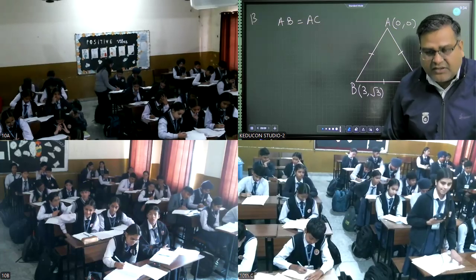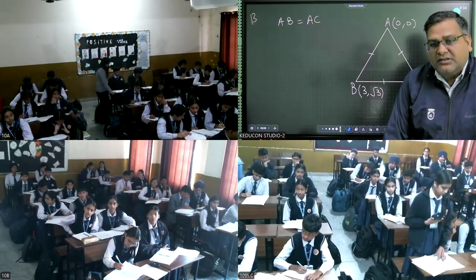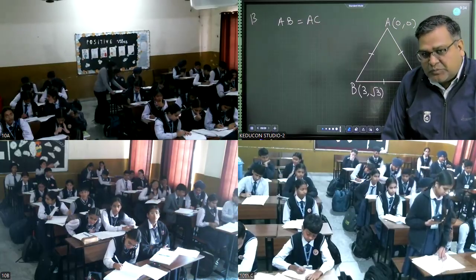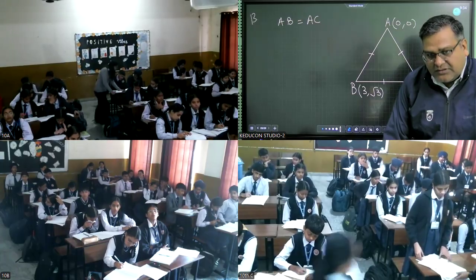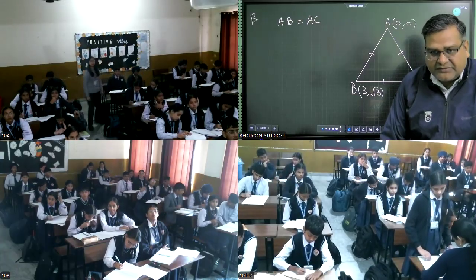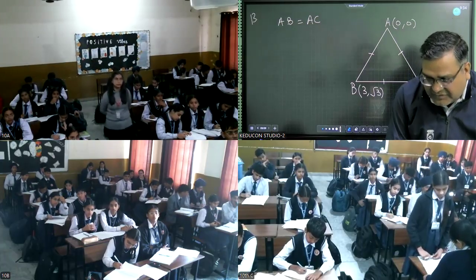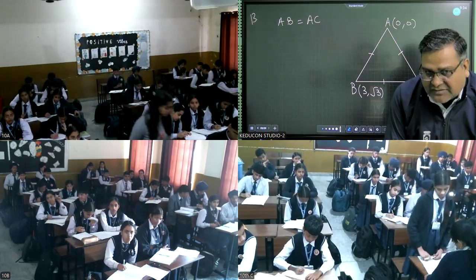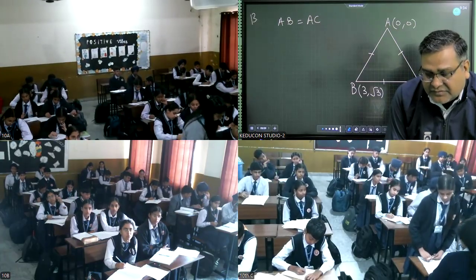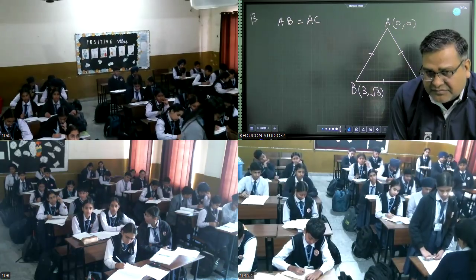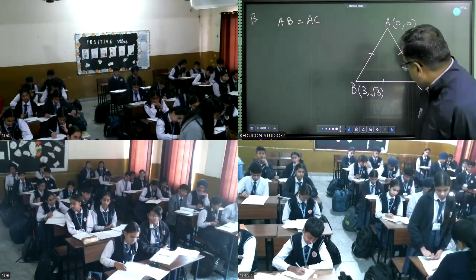Have you done it or not? Teacher present, check her notebook. Teacher present is requested to please check the notebook of this girl student. Sir, it is written over here. She is trying to solve the question actually. She has made the squaring. Squaring of 9 plus, what is written over here? 9 plus 3, sir, under root of 9 plus 3 is equal to under root of 9 plus lambda square.